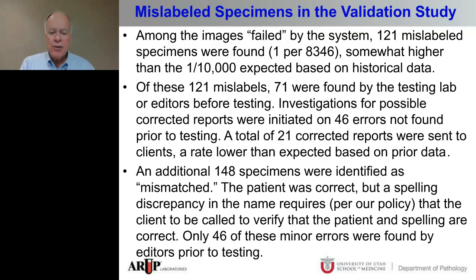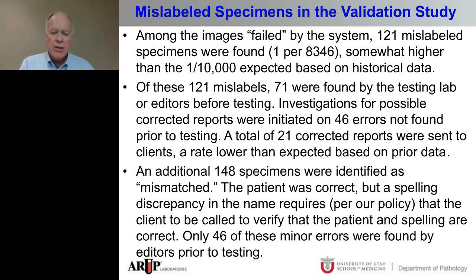One of the values of the system, however, is that we also find specimens which we call mismatched. They're primarily spelling errors. So, for example, the client label has a patient named Kristen, K-R-I-S-T-E-N. And our laboratory's label has Kristen spelled K-R-I-S-T-I-N. So T-E-N or T-I-N.